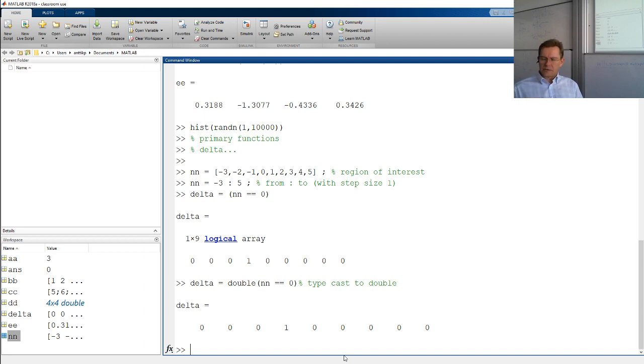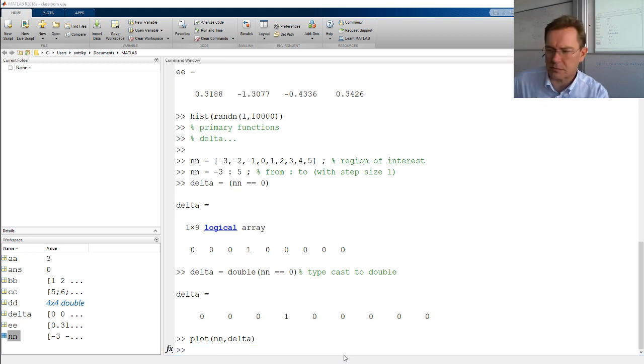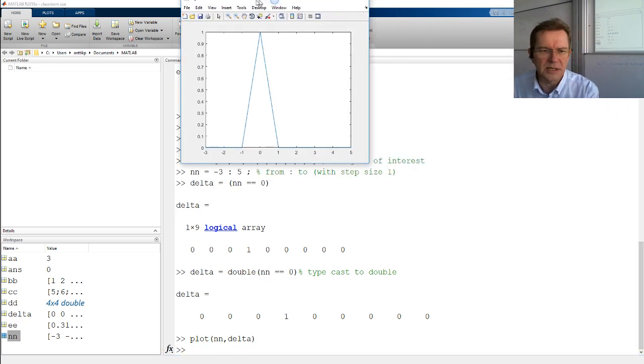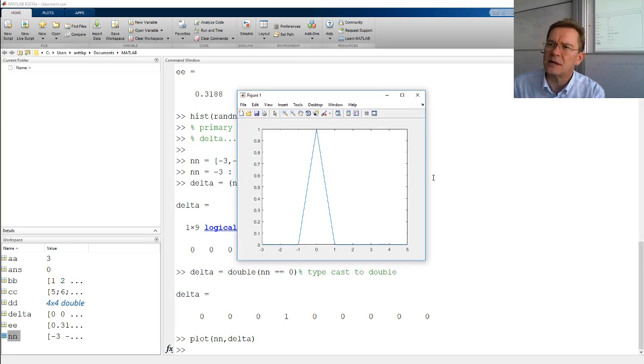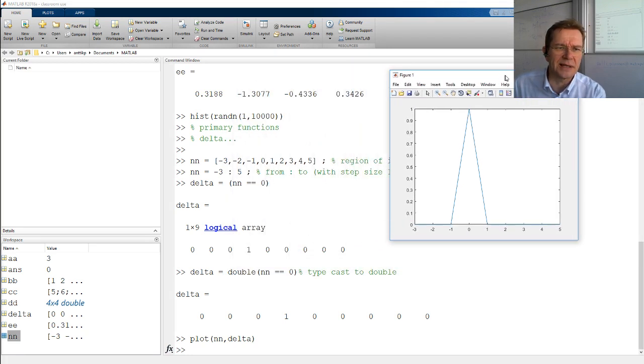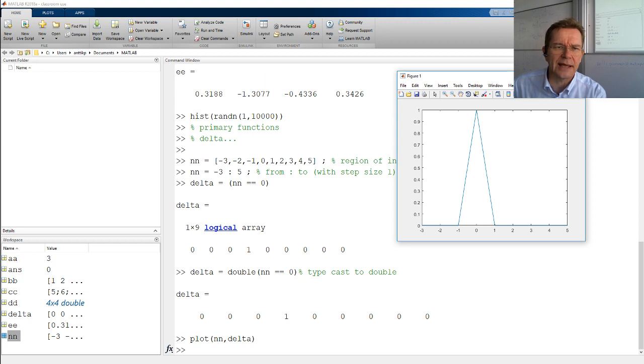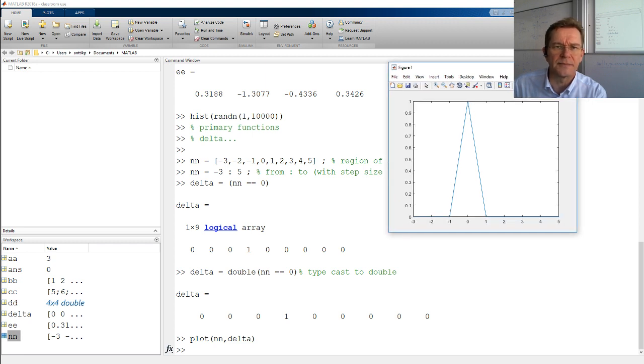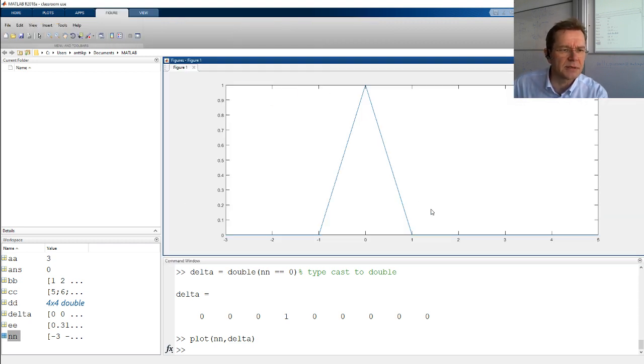Now I would like to have the same plot. If I do plotting, n and delta, that actually would look ugly. It looks like this. It has the lines. I don't like lines when I'm dealing with discrete time systems.